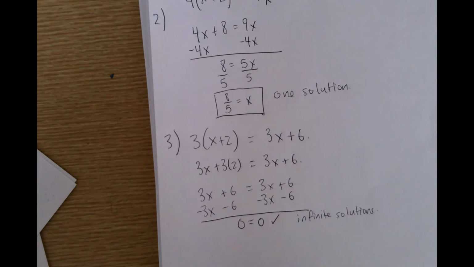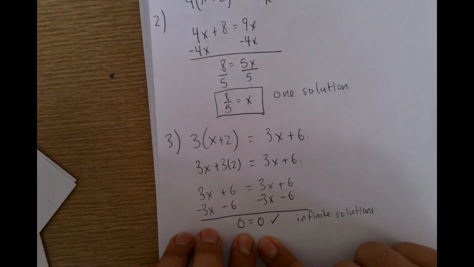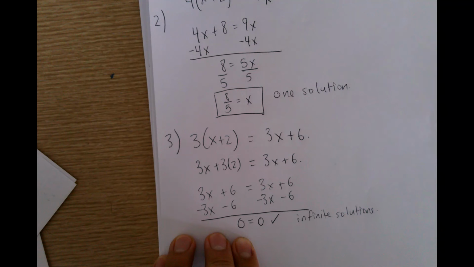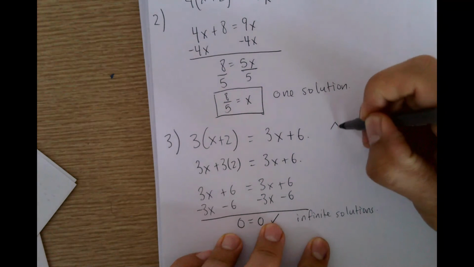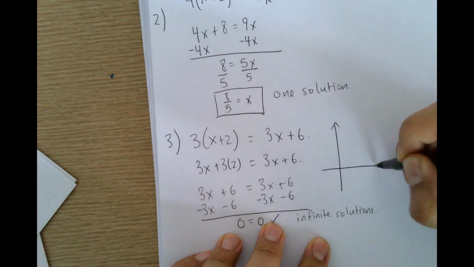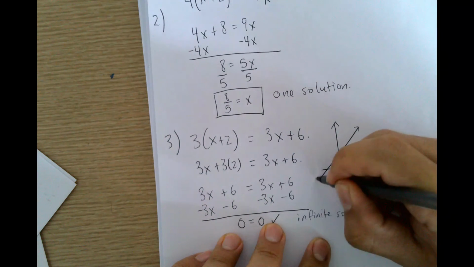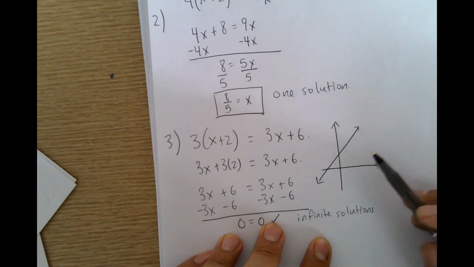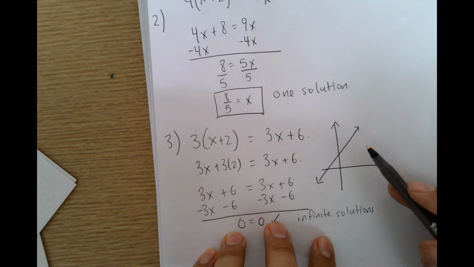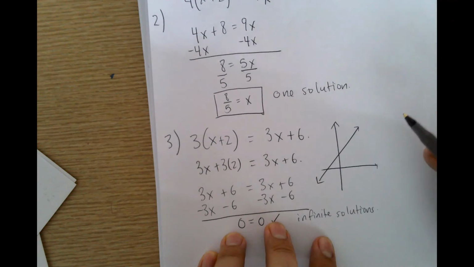Okay, so when you get 0 is equal to 0, you can understand this as asking when is 0 equal to 0, and if your answer is always, then it would be infinite solutions. Graphically, you would technically have one line on top of another, and they're actually the same line. Because you're asking when do they intersect, well, they intersect everywhere on the line because they're exactly the same line.